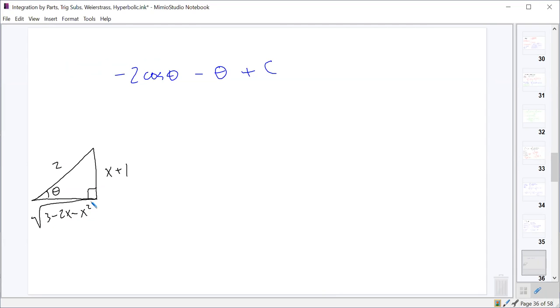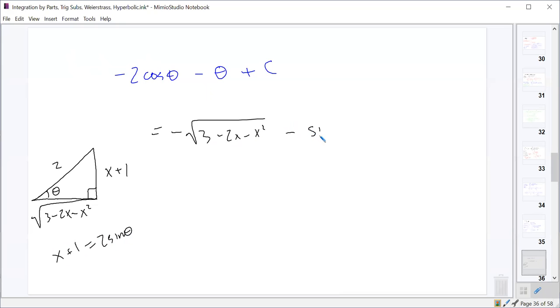All right, and so negative 2 cosine theta, cosine ought to be our adjacent over our hypotenuse. So the 2's will cancel. So we end up with negative root 3 minus 2x minus x squared minus our theta. And theta ought to just be, if x plus 1 was equal to 2 sine theta, the inverse sine of x plus 1 over 2.